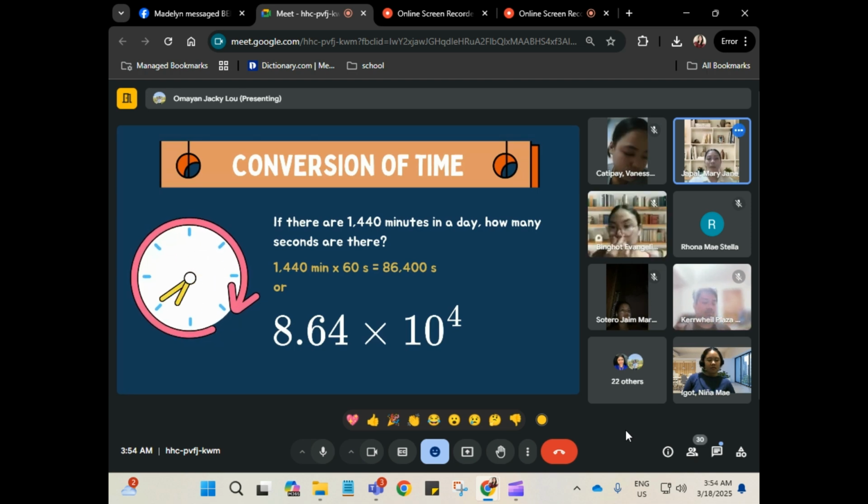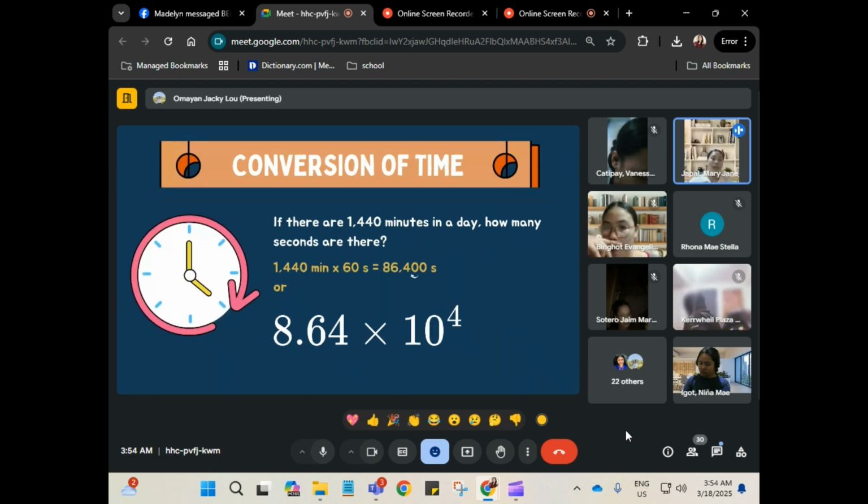It makes a big number easier to write and compare. So 8.64 times 10 to the power of 4, class, means to move the decimal point 4 places to the right, which gives us 86,400. So next, Jackie.